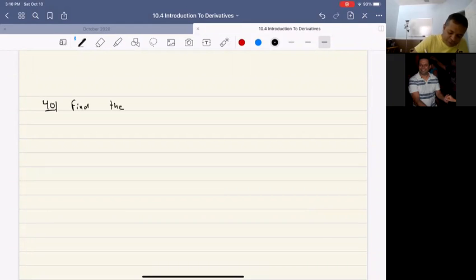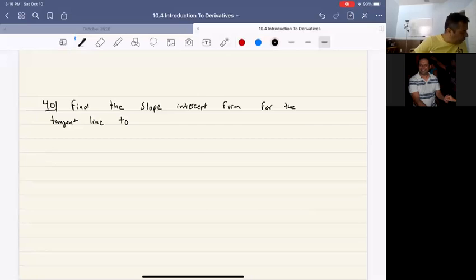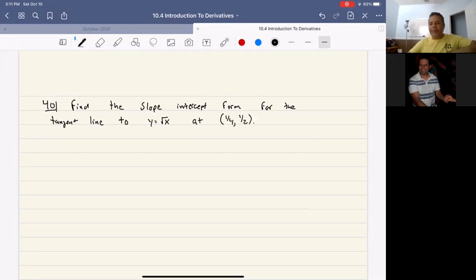Find the slope-intercept form for the tangent line to y equals the square root of x at (1/4, 1/2). Okay, so we got to put it all together here. So we got to take and find the derivative of this thing. So let's start with that.